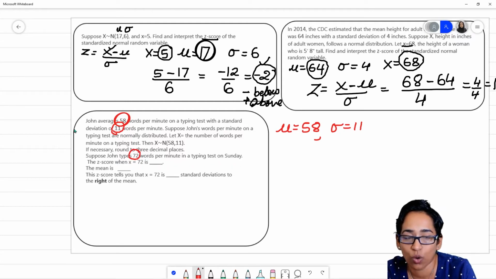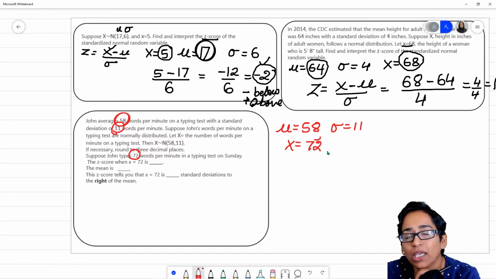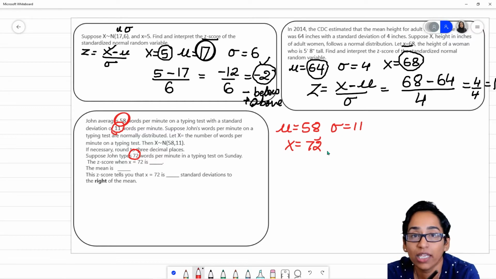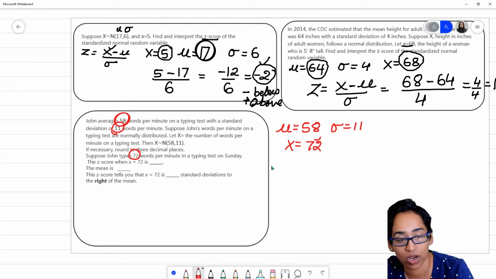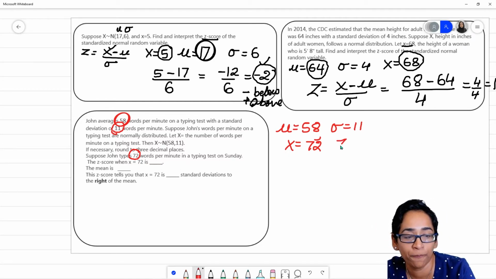The z-score. The mean is 58 and my friend John here typed 72. So you tell me, will he be above the mean or below the mean? Definitely above, right? If he's above, that means the z-score has to be positive. All right, let's go ahead and take a look.